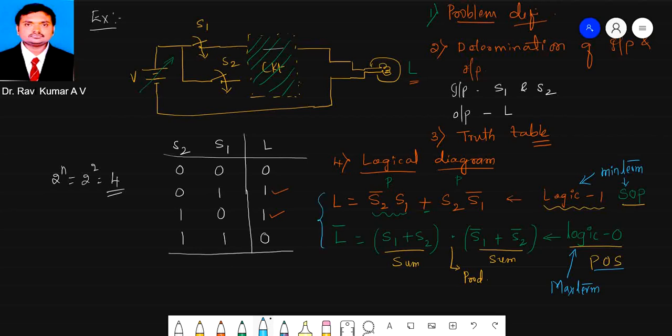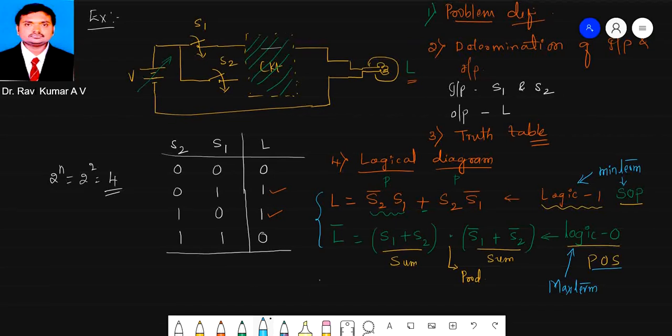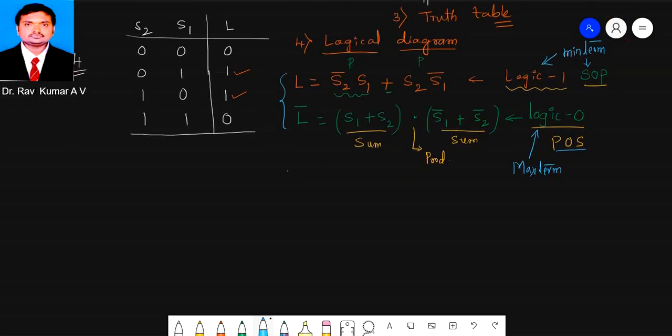From this logical expression, we are supposed to write the logic diagram. From the logic diagram we'll get two types of expression. Most probably the output L is equal to L bar, both outputs are the same with the combination of these inputs.